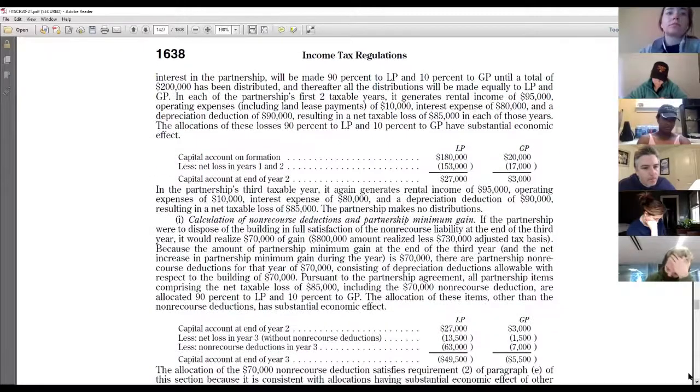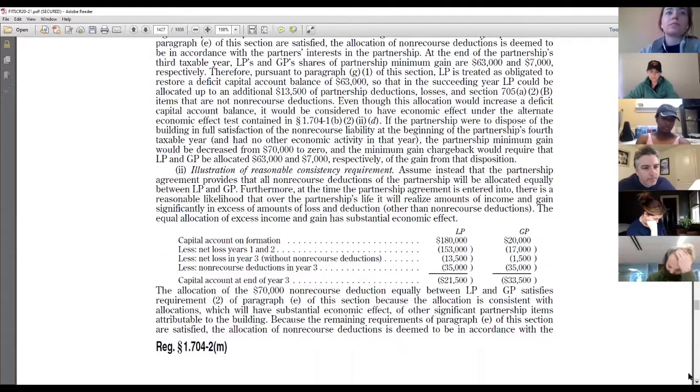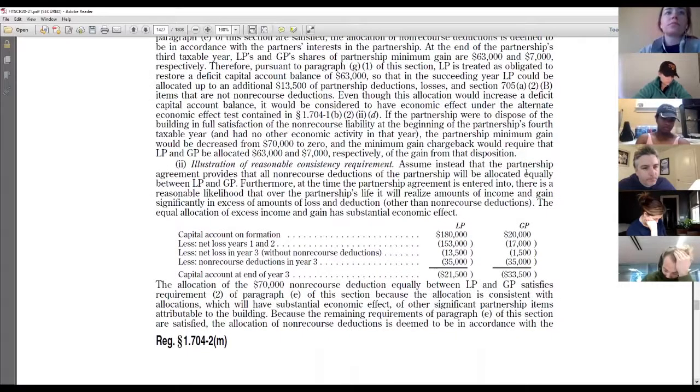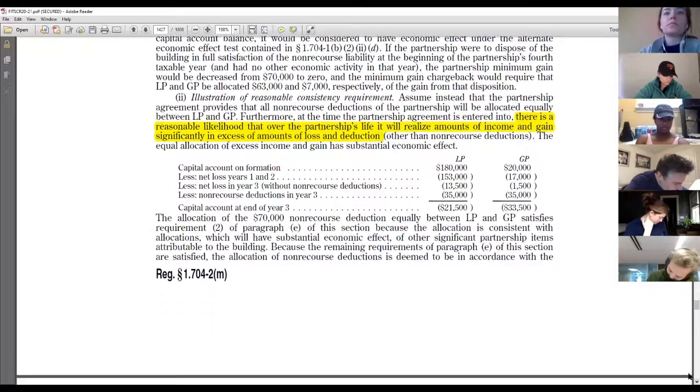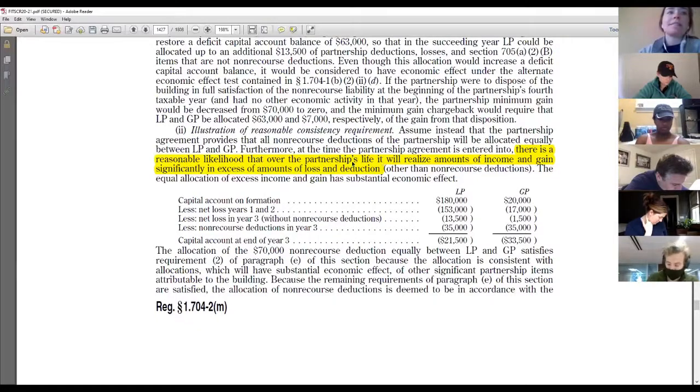And then if you go down to the analysis, here's a fact. There's a reasonable likelihood that it will get into that positive territory. That's the same fact in our problem. In most cases, with most partnerships, you would expect to have a reasonable possibility you'll be profitable. But maybe if it was a long shot, this rule we're going to see wouldn't apply if it's not sufficiently likely.